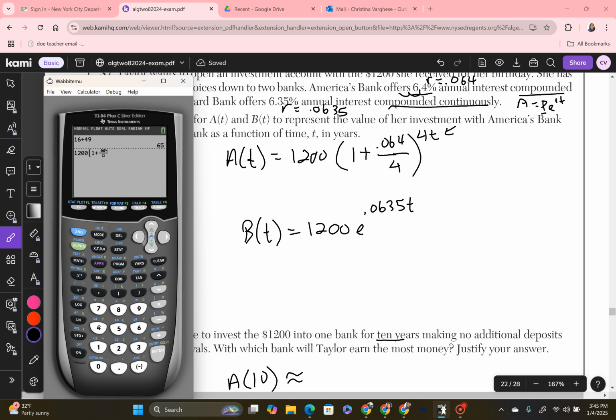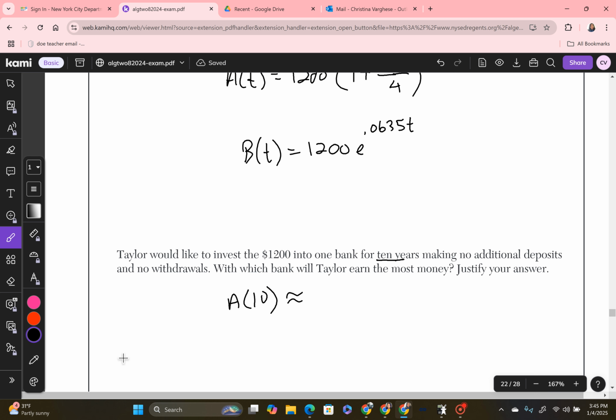On the bottom, I'm going to put a 4. Go to the right, close it to the 4 times 10. You see what I'm doing? And then I'm going to hit enter, and I'm going to get an answer. So this is about $2,264.28.